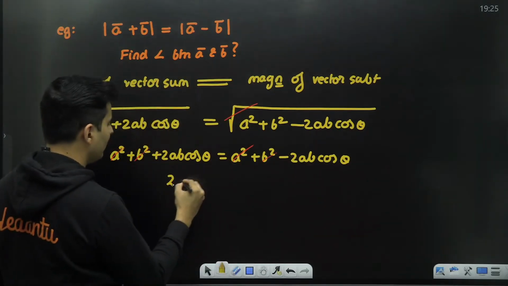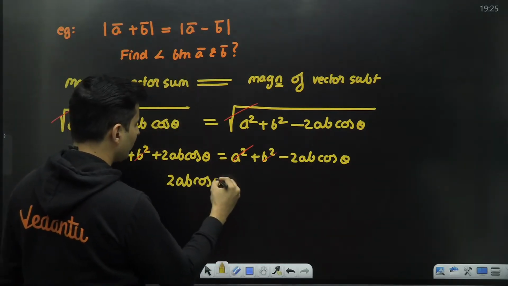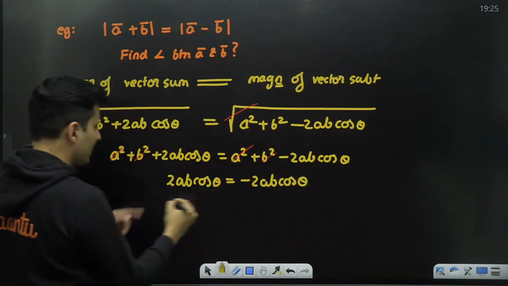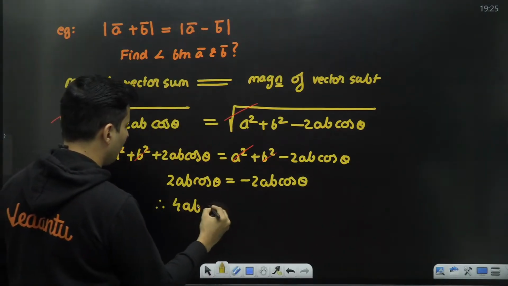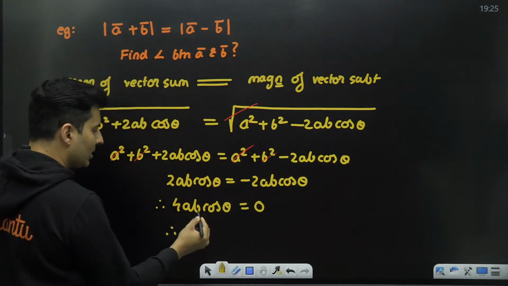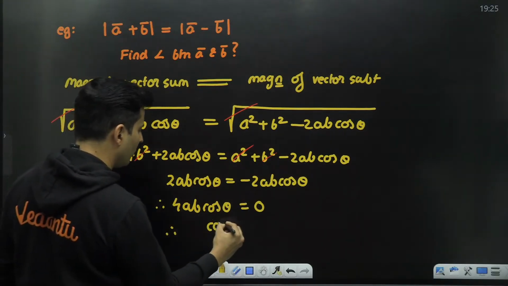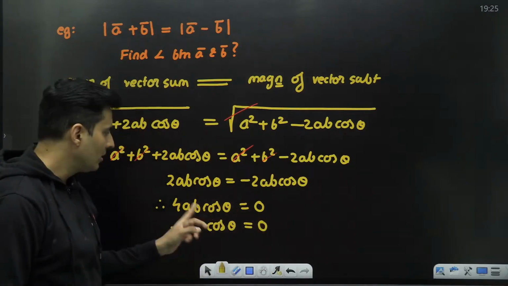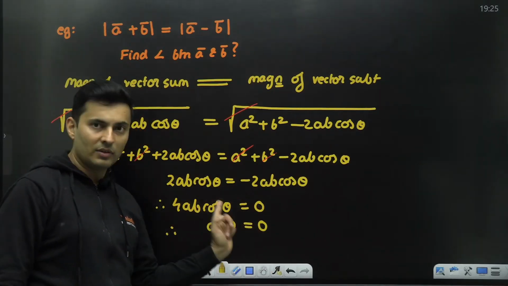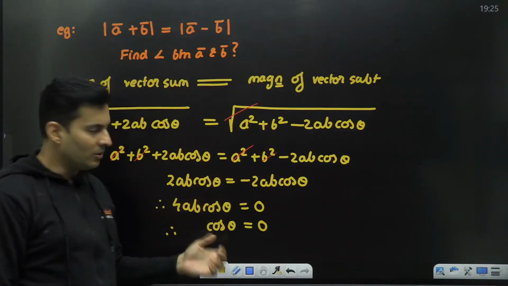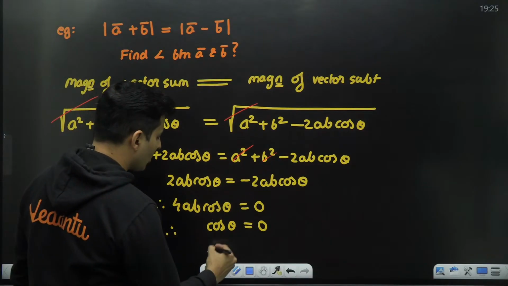So I'm left with 2ab cos theta is equal to minus 2ab cos theta. Shift this over here, so it will be 4ab cos theta is equal to 0, nothing left on this side. A is not 0, b is not 0, 4 is not 0. So the only culprit is cos theta. These are the probable suspects. Why is the RHS 0? Because one of them is 0. 4 can't be 0, and a and b are non-zero. So cos theta has to be 0.